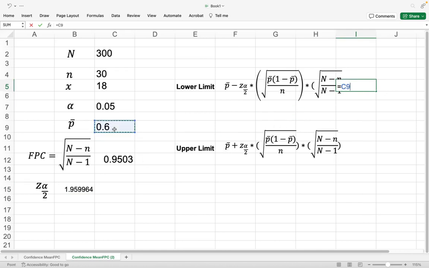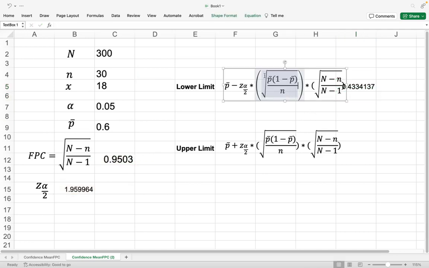Lower limit is P bar minus Z alpha divided by 2 times square root of P bar, which is 0.06, times 1 minus P bar, 0.06, divided by sample size 30, then multiply by FBC, by this number.